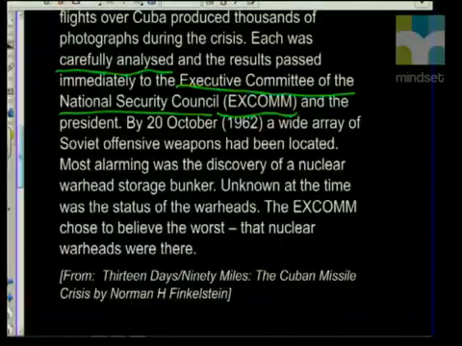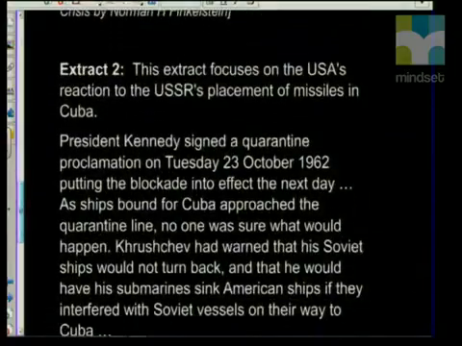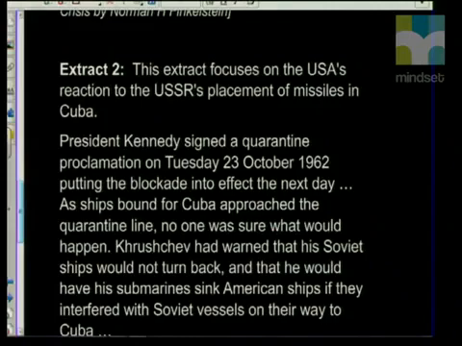The EXCOM chose to believe the worst, that nuclear warheads were there. Okay, and then you look at the next extract. Remember, the instruction did say that there were two extracts. It says this extract focuses on the USA's reaction to the USSR's placement of the missiles.